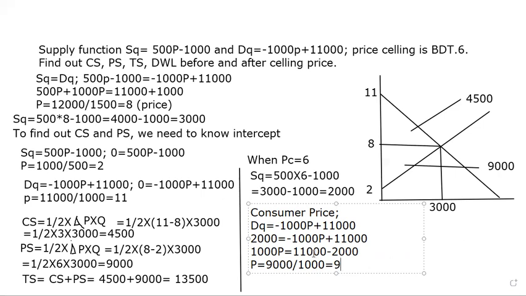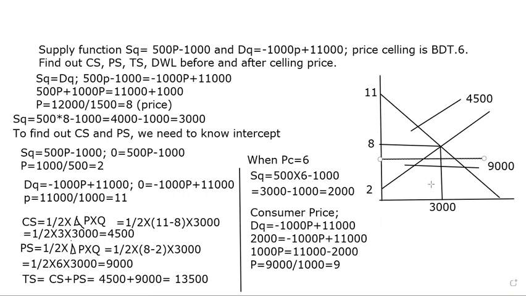So the consumer will pay taka 9 for 2000 units, and the producer will be charged taka 6. So right now we can go here. This is the line we can show.